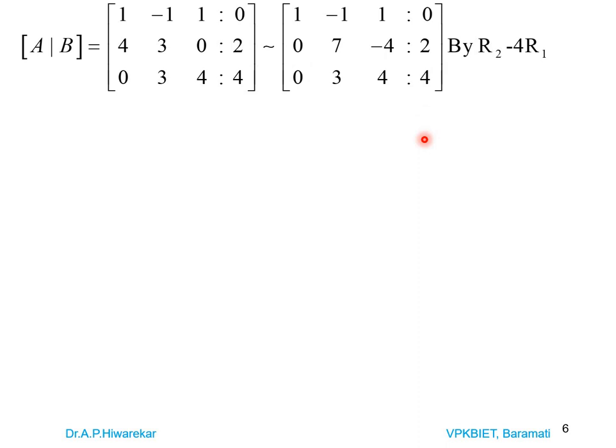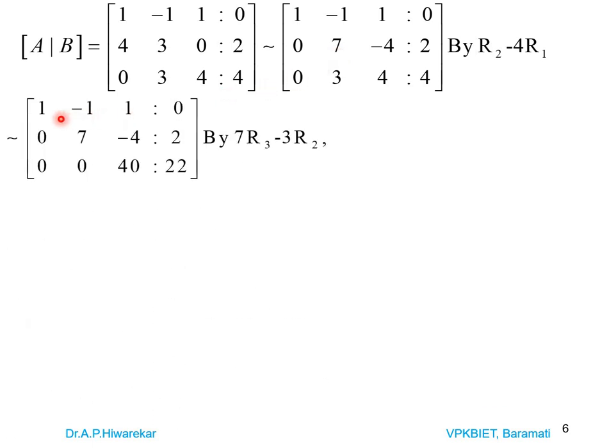So we get this. Now next we have to make this position 0 below the diagonal entry. The first row remains as it is: 1, minus 1, 1, 0. For that we perform an operation: here we multiply by 3 and here we multiply by 7, so we get 21 minus 21 as 0.